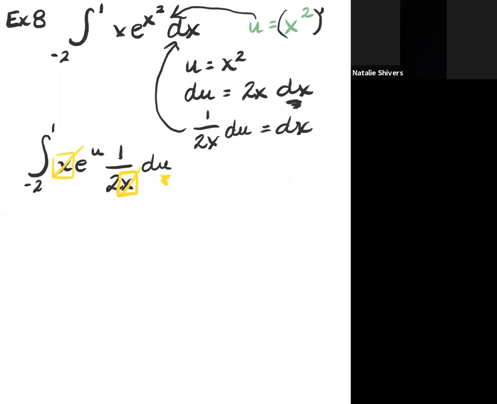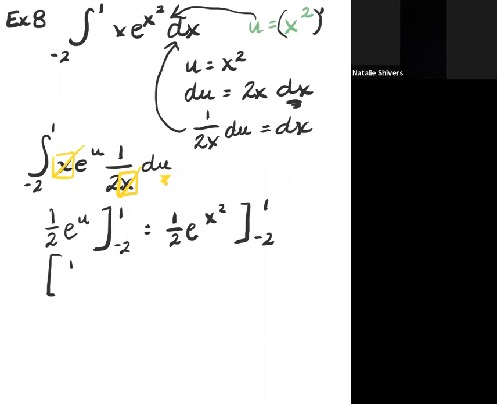So if I did the differentiation correctly, then the x's drop off. So I'm going to get 1/2 e to the u from -2 to 1, 1/2 e to the x squared from -2 to 1.